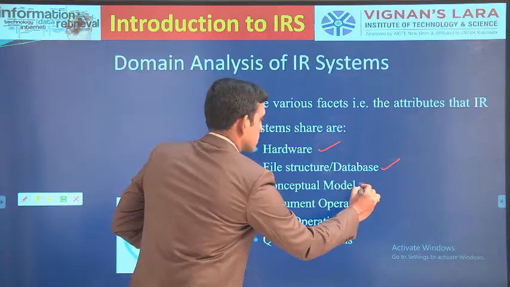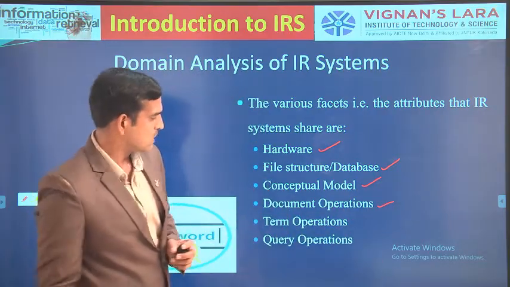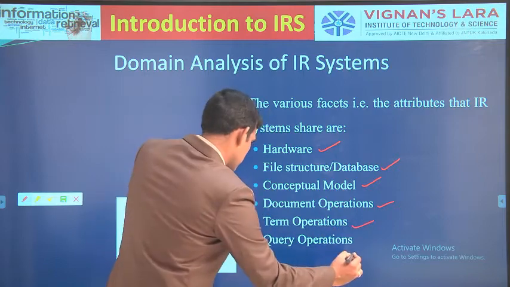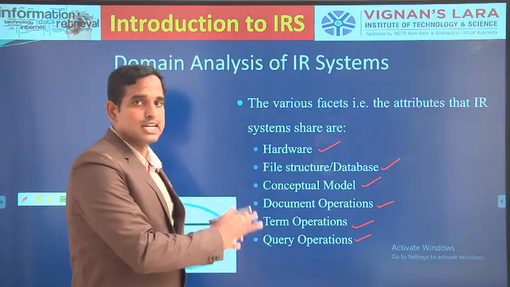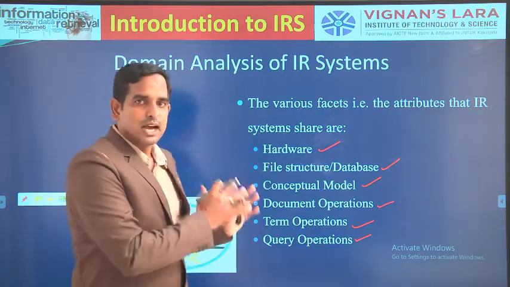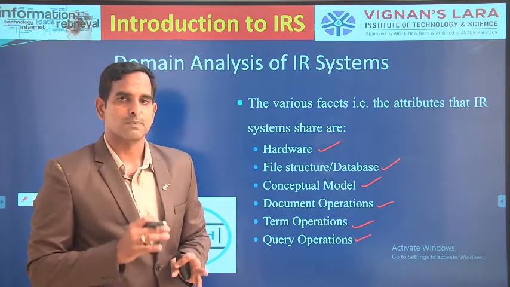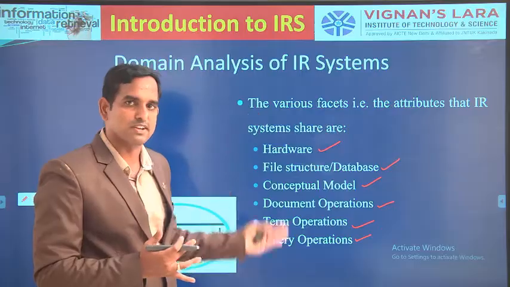What is the conceptual model? What are the document operations you are going to perform? What are the term operations you are going to perform? What are the query operations you are going to perform? Basically, these are the facets, the things you have to understand as a part of an information retrieval system. Each and every information retrieval system will have these basic facets.